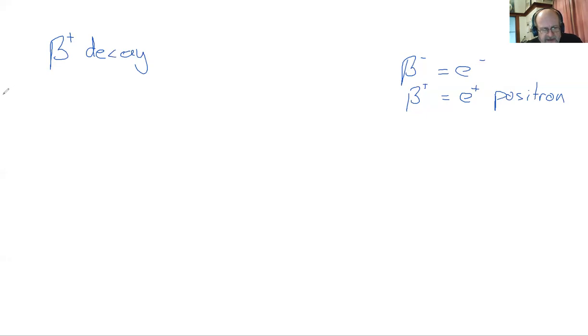Basically what happens is, in this case, this is called proton decay, believe it or not. So basically we start off with a proton, and it spits out this positive charge. And that means what's left has got no charge, and that's going to be a neutron. And there's also going to be our neutrino, which carries a lot of energy here.